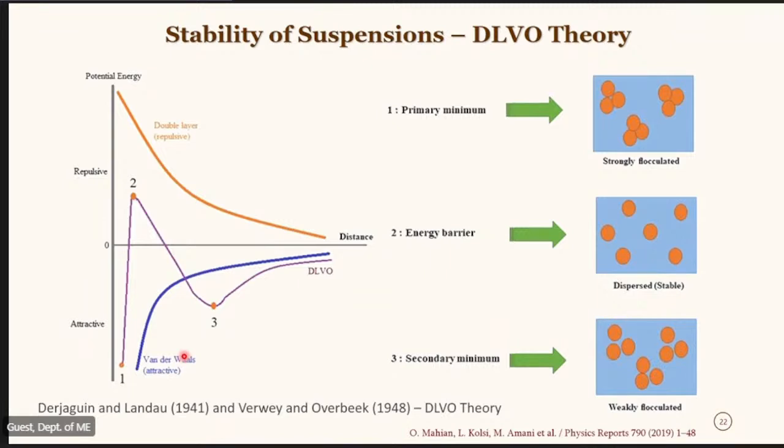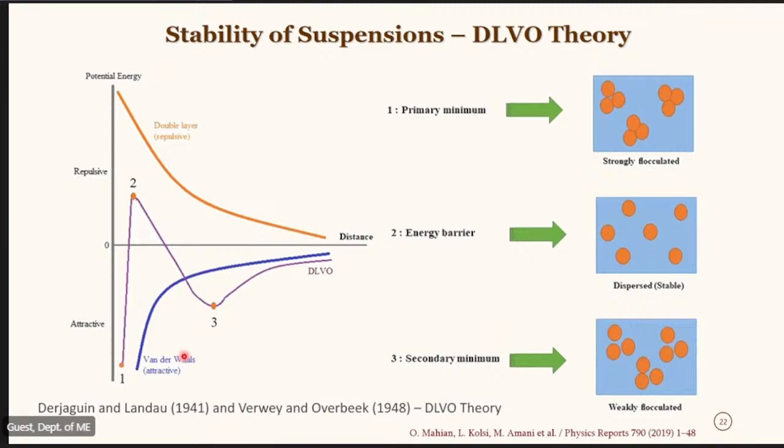And since the anions on the surface of the particle are not in a position to neutralize the cations present in the water, one more layer will be formed around the static layer. That's called the double layer.